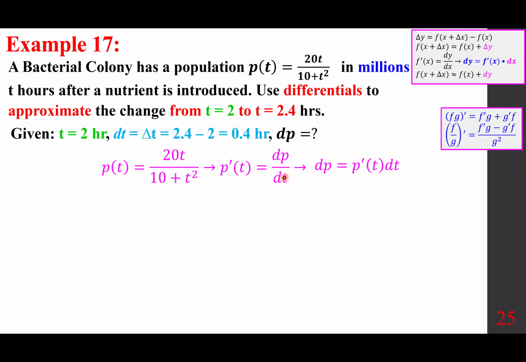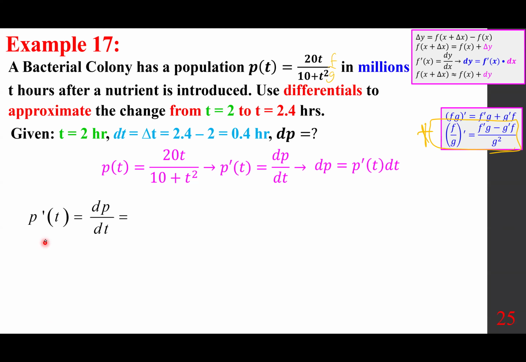So first, we have to differentiate, which means we are going to go with the quotient rule. We are going to write f over g and use the quotient rule: f prime g minus g prime f over g squared.